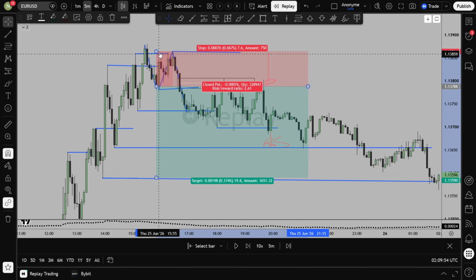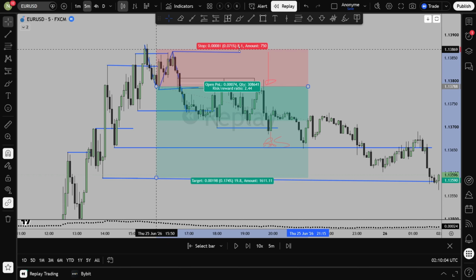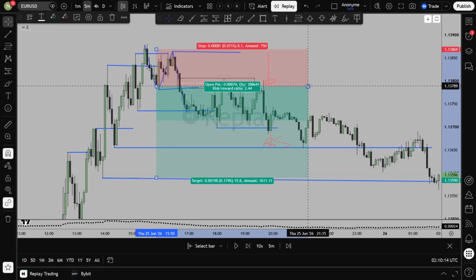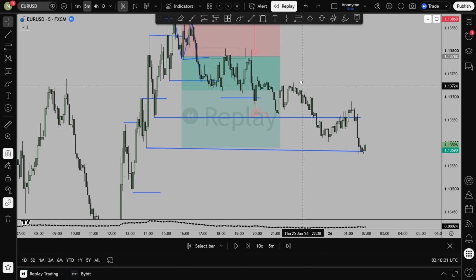Even this stop loss could be somewhere here, above the fair value gap, for example. Everything depends on what you want and what's more likely to fit your personality. This is the most important thing. It needs to fit your personality and your risk appetite.